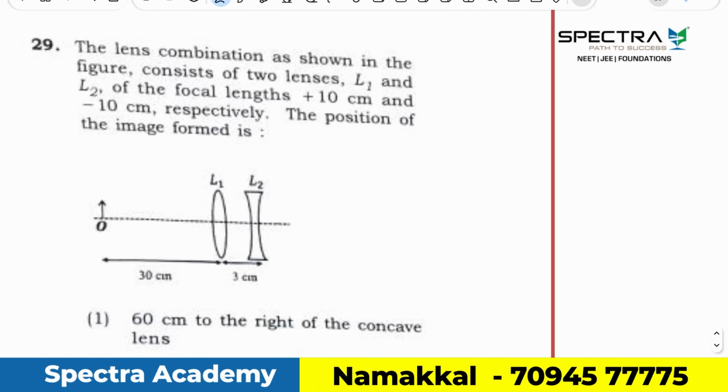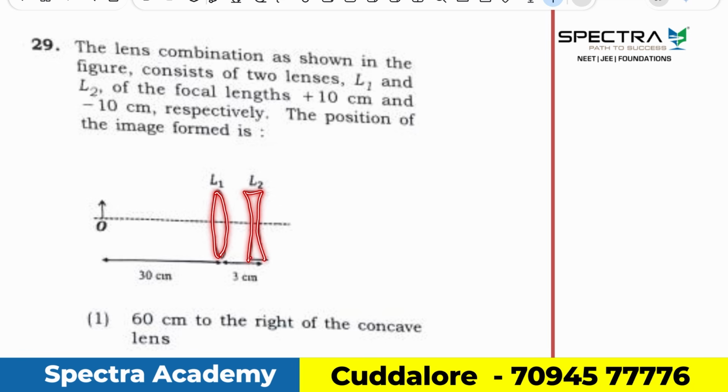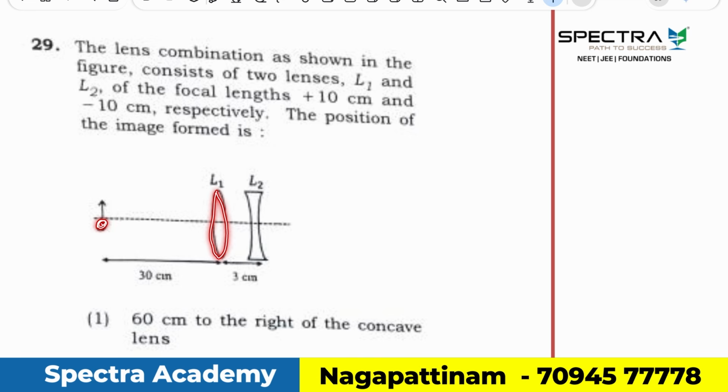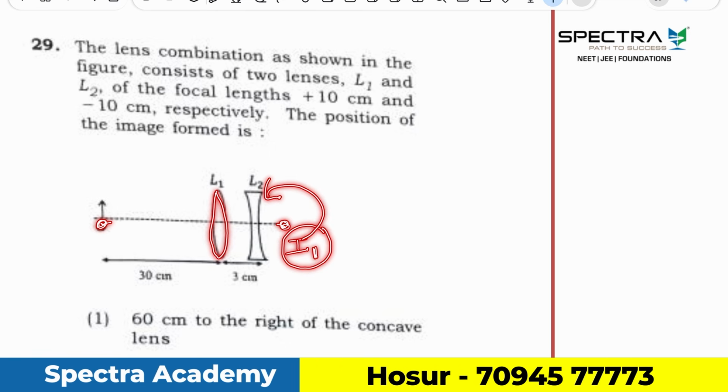First of all, let's understand this process. One is lens L1 and the other is lens L2. Now for L1, this is our object, so it will produce one image, somewhere here. Let's call it I1. Now this I1 should act as the object for L2, then only you will get the final image.